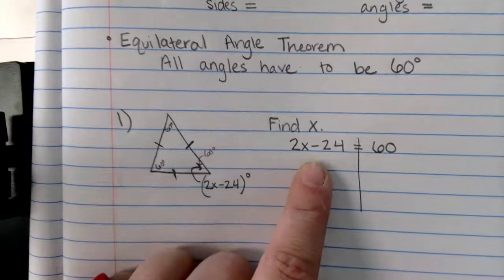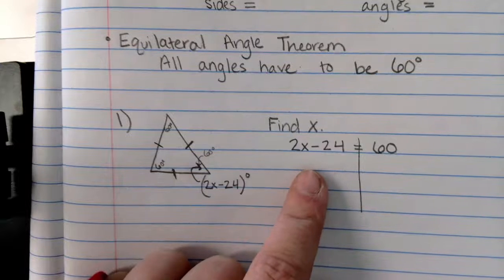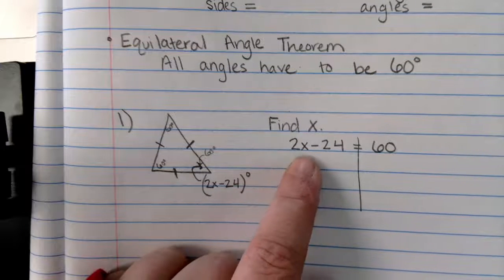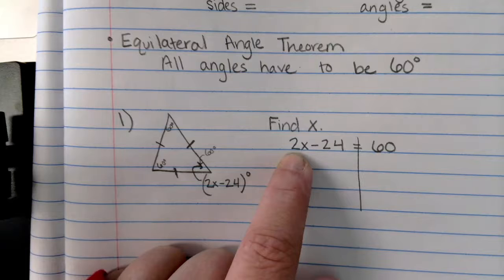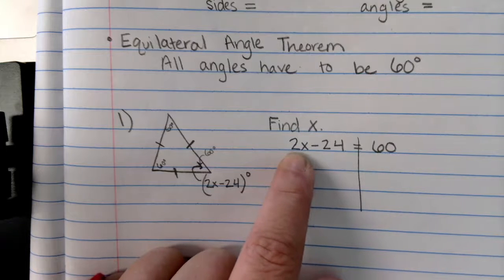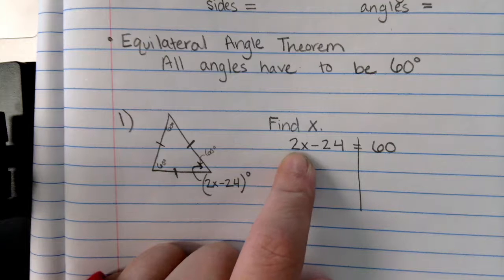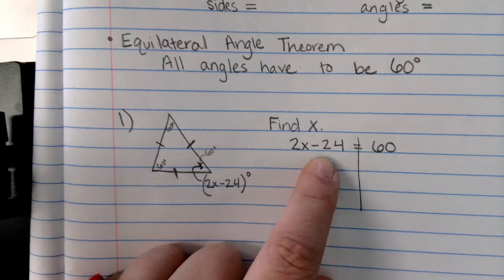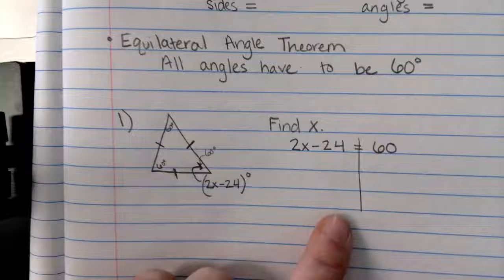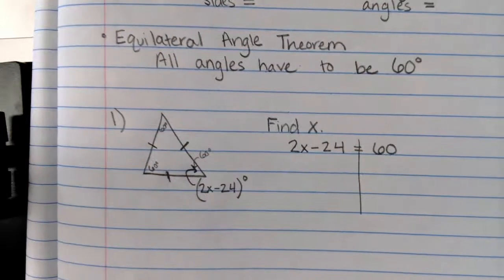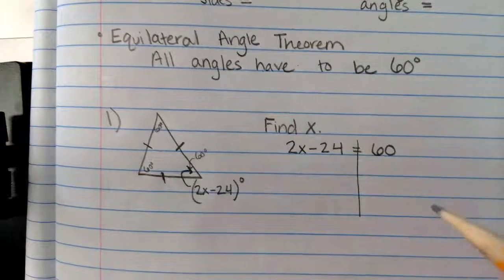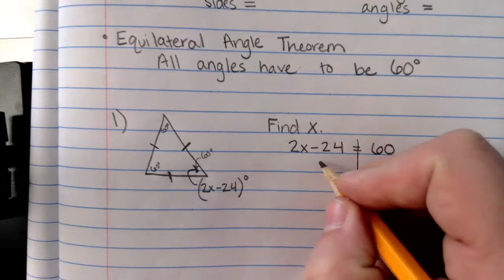Okay? The way I like to think about this is best friends. Who is the best friend of the x? The 2. So I'm going to keep the best friends together. And what are we going to get rid of first? The non-best friend, the 24. Because my goal in the end is to get x equals. So how would I undo a minus? What is the opposite of minus? Good.